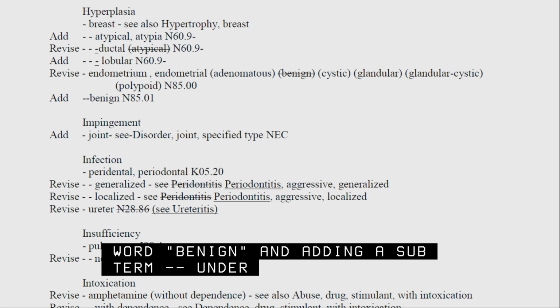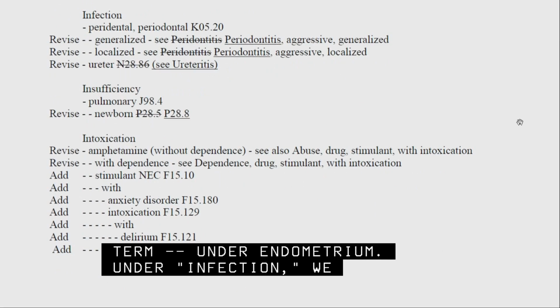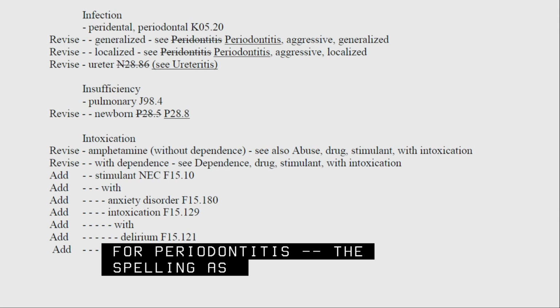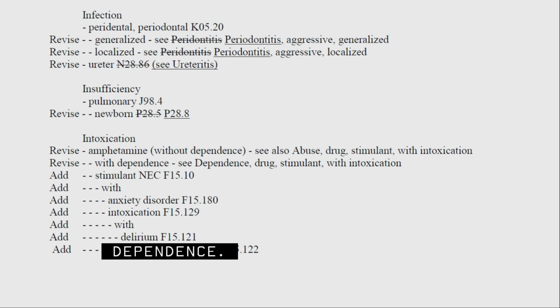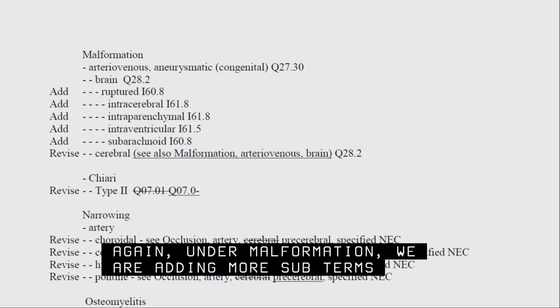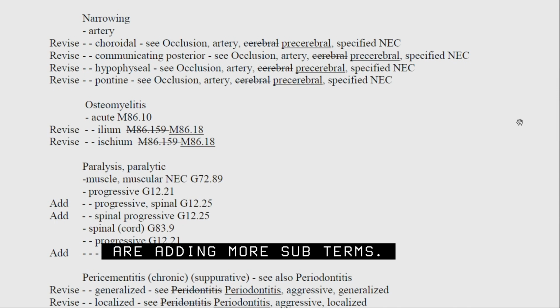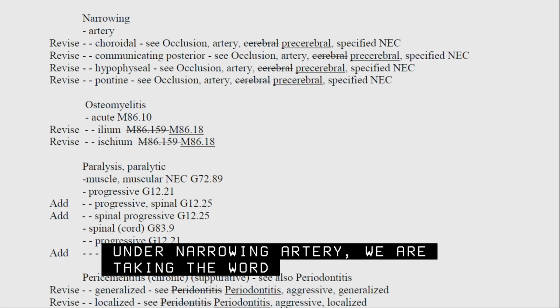Under infection, we're just correcting the spelling for periodontitis. Intoxication, adding more subterms under amphetamines with dependence. Again, under malformation, we're adding more subterms. Under narrowing artery, we are taking the word cerebral and adding precerebral under the various subterms here.